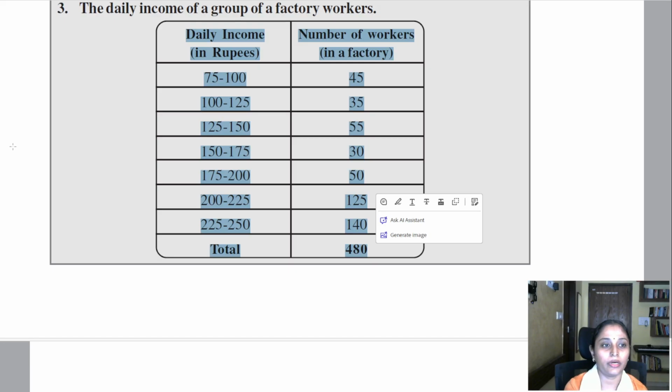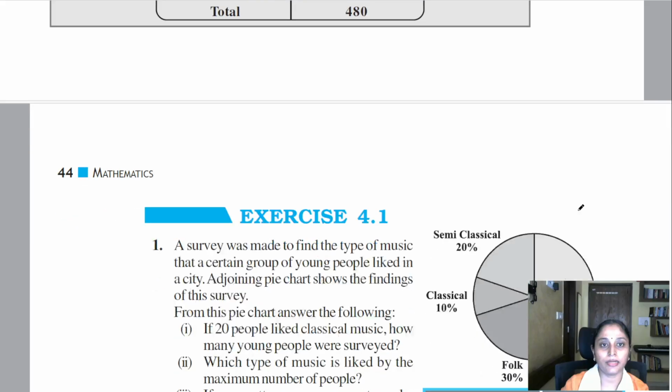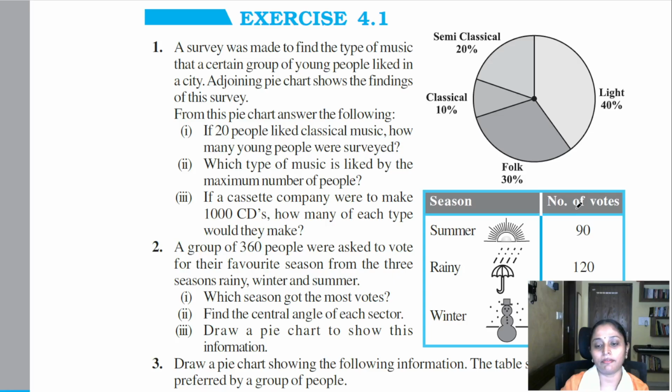Here I am going to mention pie chart. For this particular data, we are going to say pie chart is more appropriate, okay? So this is about the pie chart, or the circle graph, right? In the next video, we will be solving exercise 4.1.